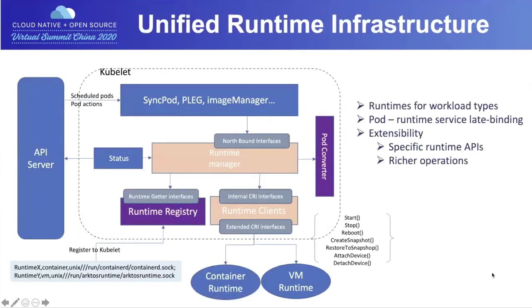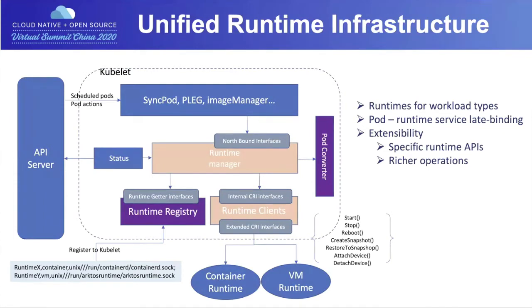Now let's take a look at the current changes in Octus. This is a high-level design diagram for the multiple runtime service management in Octus. The goals are simple. Natively support VM workload, extensible for future runtime APIs.